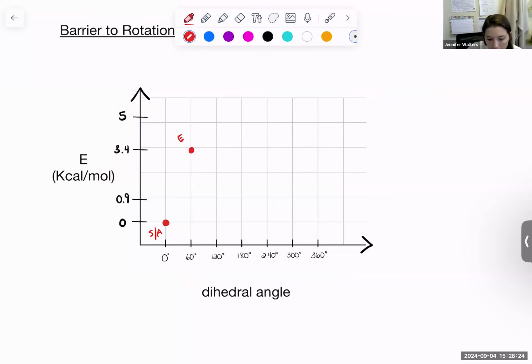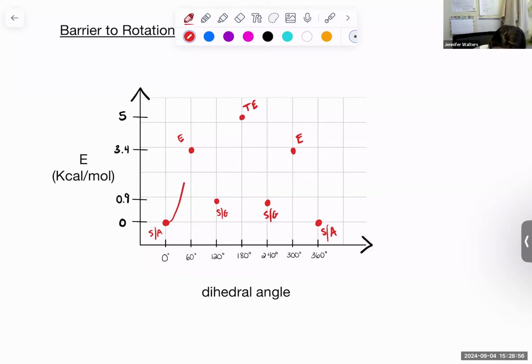And then I drop down to 0.9, where I am staggered and Gauss. Then I go up to 5 at my totally eclipsed. Then I drop down to staggered and Gauss. Then I go back up to eclipsed at 3.4. And then I drop back down to staggered and anti, back at the place where I began, at 360.